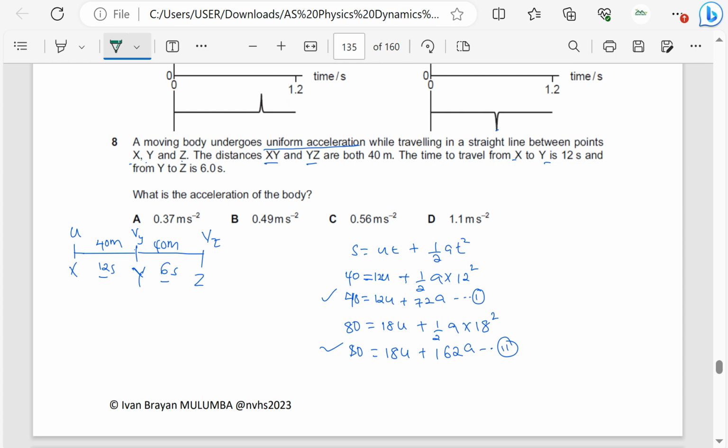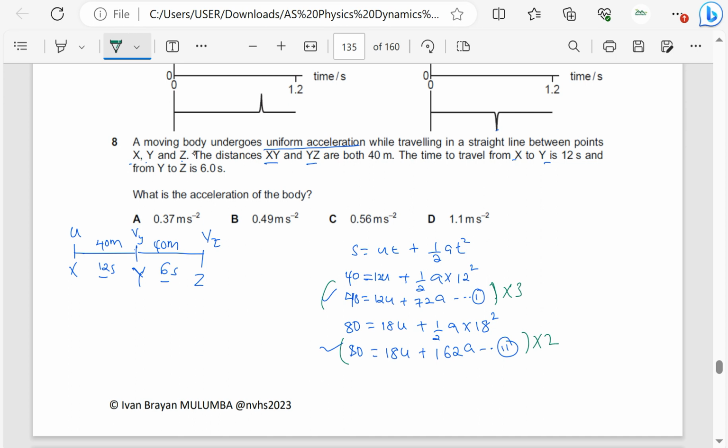If I multiply the first equation by 3 and the second equation by 2, I think I get the same thing. So I'll multiply this equation by 3 and this equation by 2. Then I subtract the two equations.